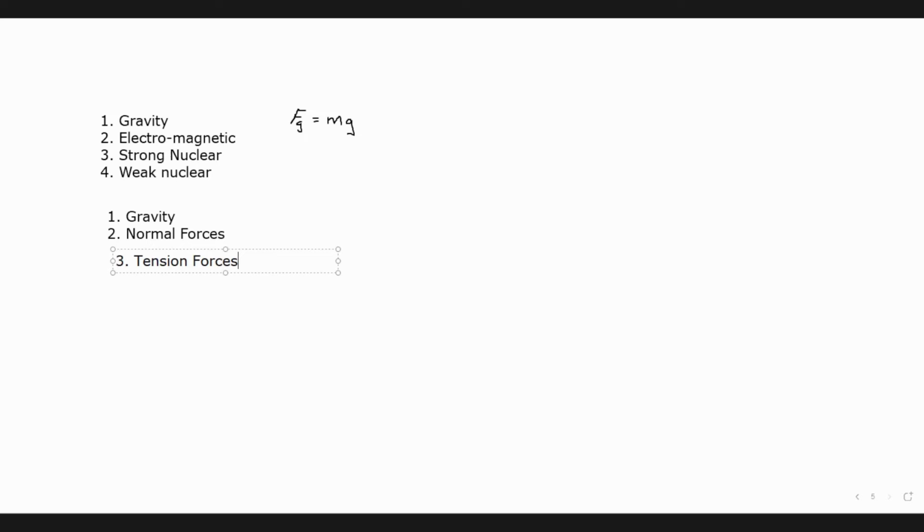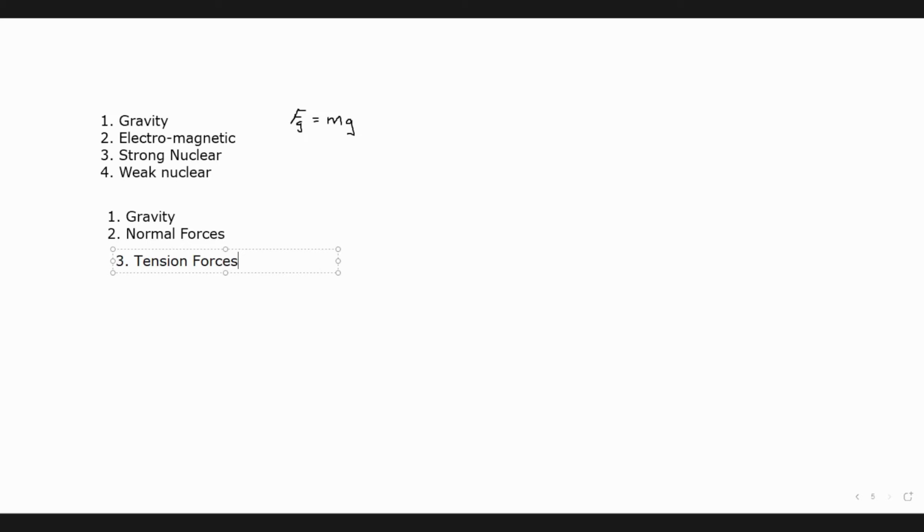We're going to model the tension forces in ideal strings, and we're only going to occasionally look at strings that aren't ideal. We're going to model that tension as being the same at every point in the string.